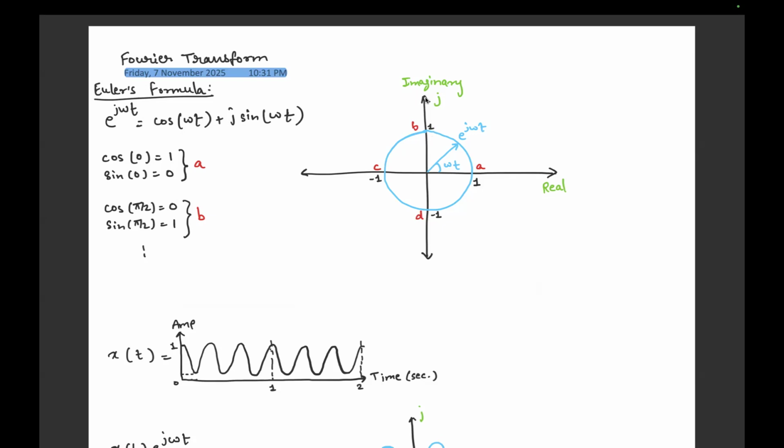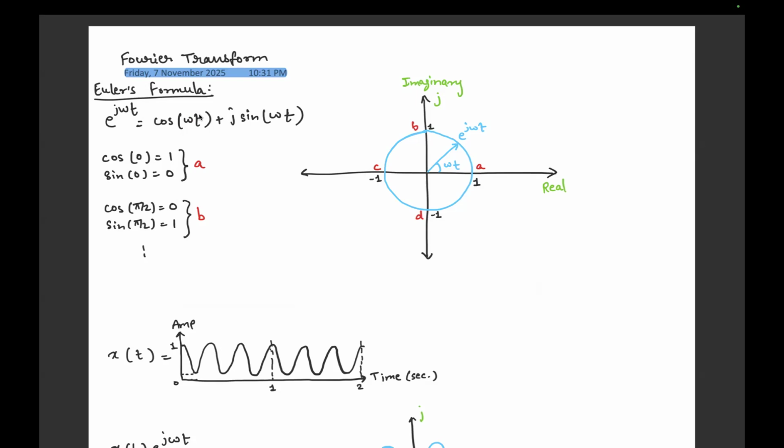Now let's also consider an imaginary plane. The x-axis is the real axis and the y-axis is the imaginary axis. If we connect this plane to this formula, then the cosine term represents the real axis and the sine term represents the imaginary axis because there is a j here.